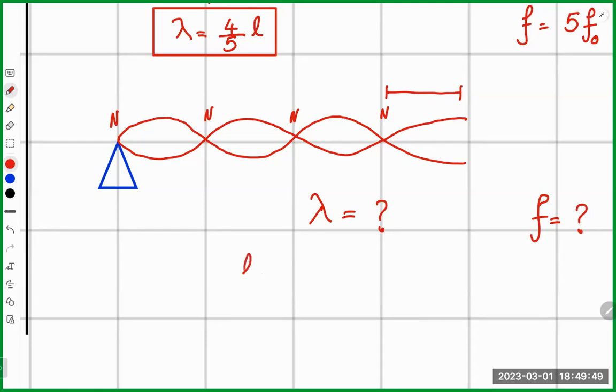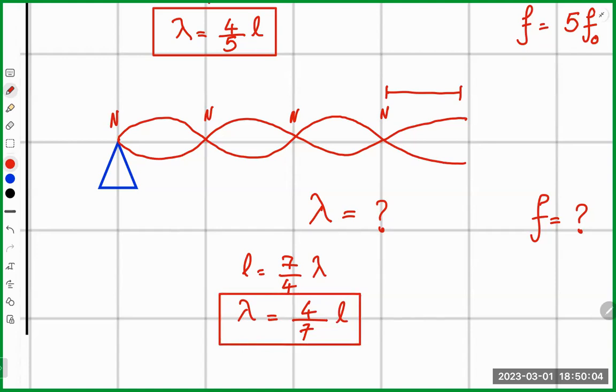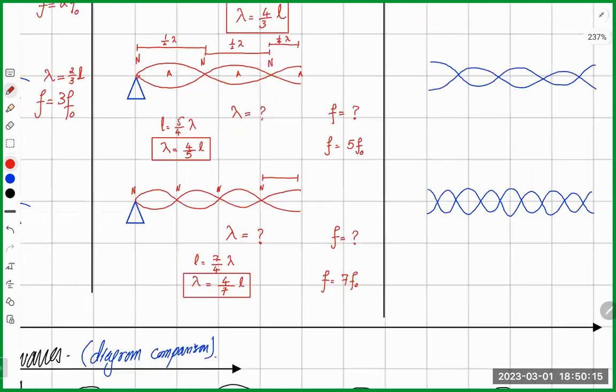So length equals 7/4 lambda, and lambda equals 4/7 L. That means I am now reducing the wavelength by 7 times, and this will increase the frequency by 7 times.